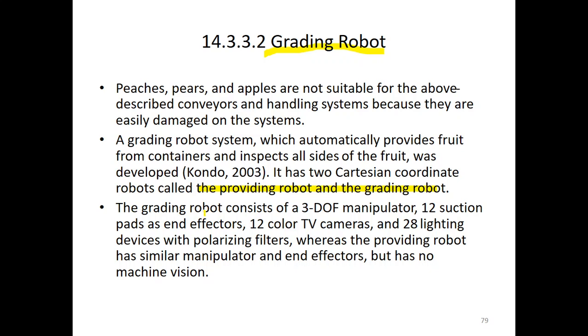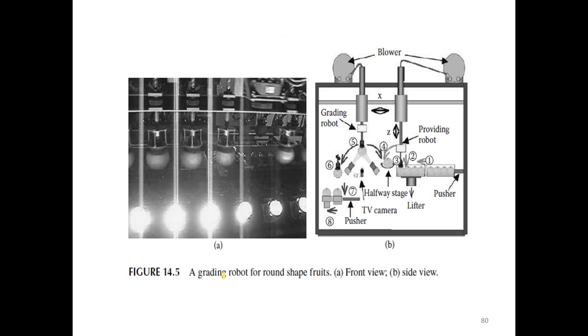The grading robot consists of a 3-degree-of-freedom manipulator and 12 suction pads as an end effector, 12 color TV cameras, and 28 lighting devices with polarizing filters, whereas the providing robot has a similar manipulator and end effector but no machine vision. That gives you some basic idea of this robot. Here are the images of the grading robot for round-shaped fruit.